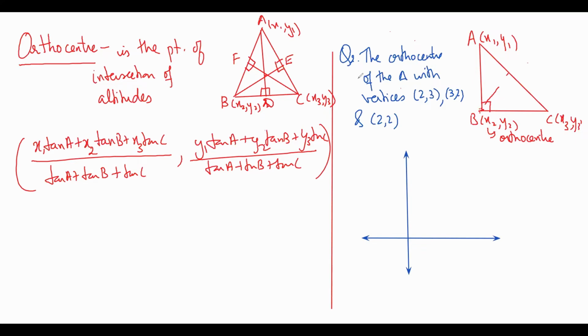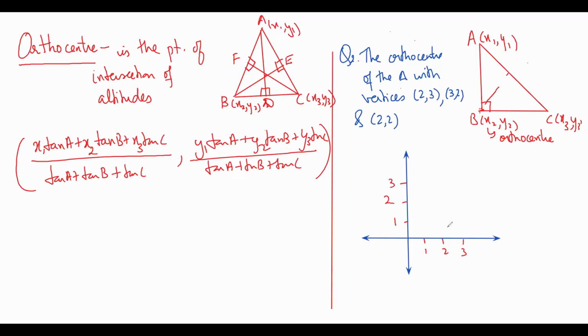And suppose you have the vertices of a triangle as 2, 3, 3, 2 and 2, 2. So try to plot these points on the coordinate axes, the x-axis and y-axis, or the graph plane, and by plotting these points directly you can find the answer. And how? Suppose this is 1, this is 2, this is 3.